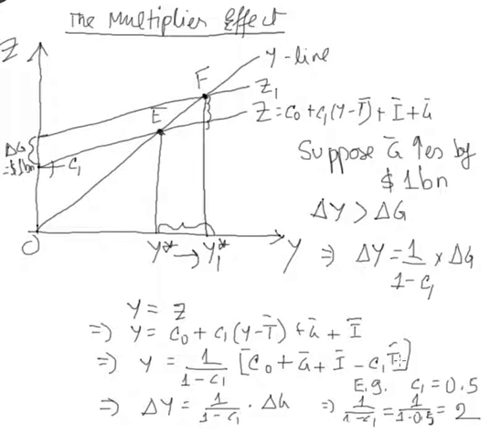In this particular case, it is the government spending multiplier, and it is greater than 1, which means that if G increases by $1 billion, then Y increases by $2 billion. This is the multiplier effect. The intuition behind the multiplier effect is explained in the next video.